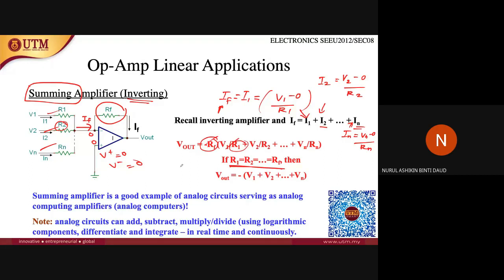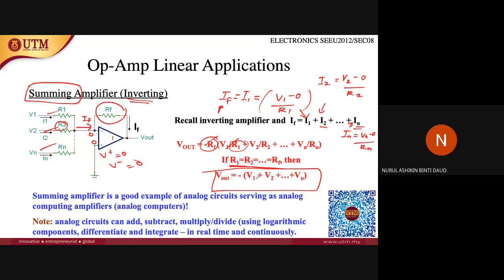It will leave only Vout equals minus (V1 plus V2 plus Vn). So this will be the final formula for Vout for the summing amplifier in the case of inverting configuration.